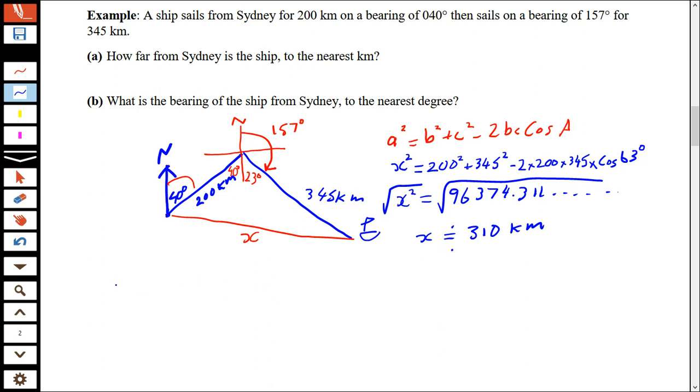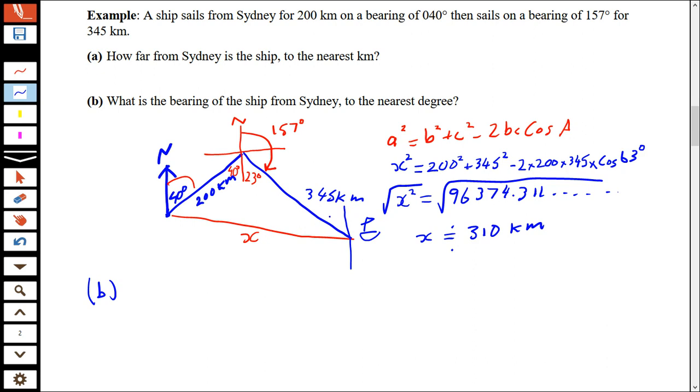Right, now part B. Part B is, what is the bearing of the ship from Sydney to the nearest degree? I'm just going to draw my ships here. There we go. Now the bearing's taken from Sydney, isn't it?